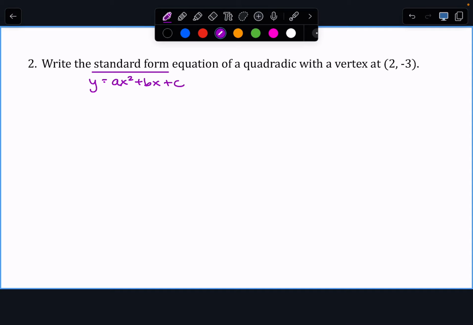So what I want you to do at your table, talk about how you think we would figure out what our quadratic equation is if we know the vertex is at 2, -3. How do we use that information to help us? Just have a conversation.